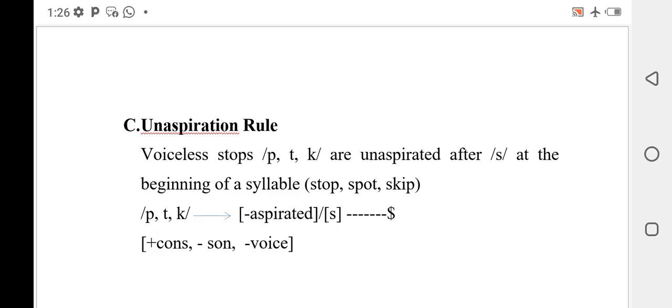Minus says that there is no aspiration, so they become minus aspirated when they are after S.